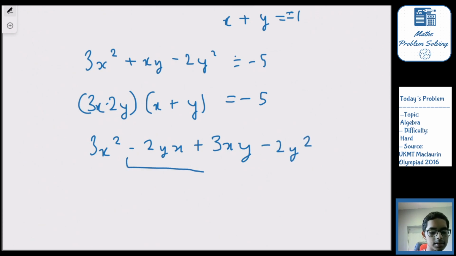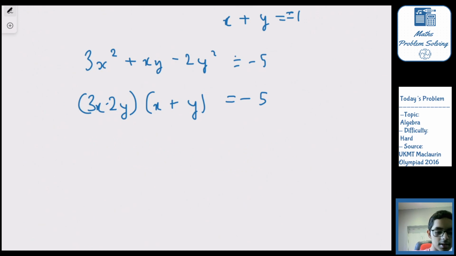Sorry, the 3xy should be a plus. So yes, we can confirm that this does indeed equal plus xy. Therefore, this is the correct factorization technique. There is a proper way of factorizing this, but for now, factorizing using this method is quite simple and clear and handy, especially since it will save you lots and lots of time, which is quite valuable in these Olympiad papers.